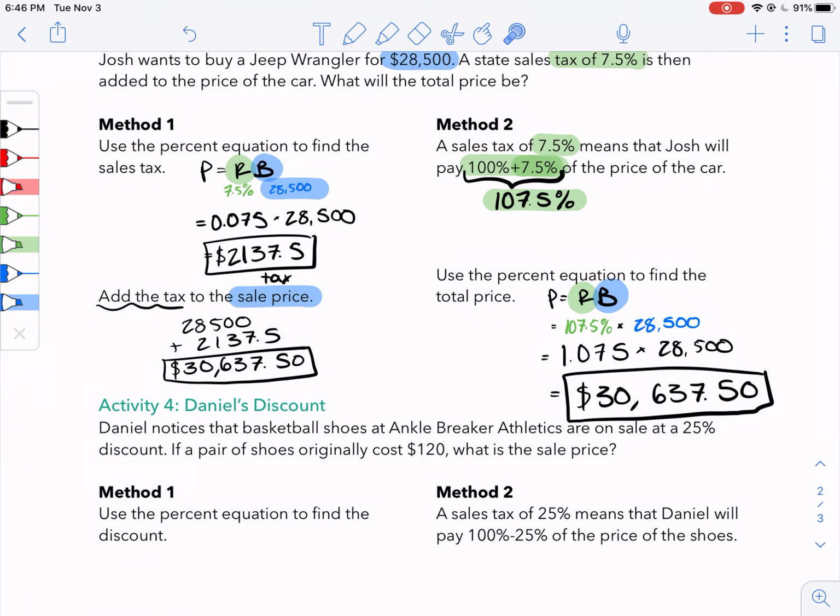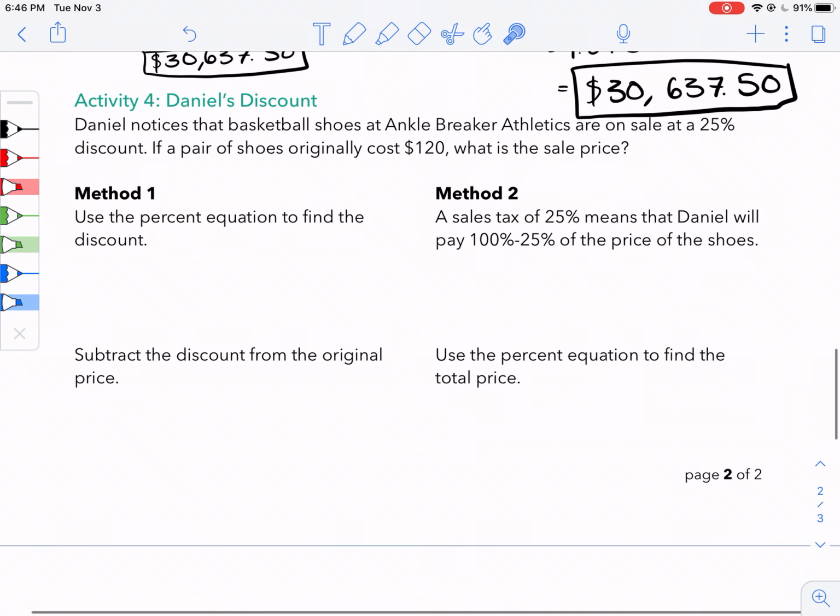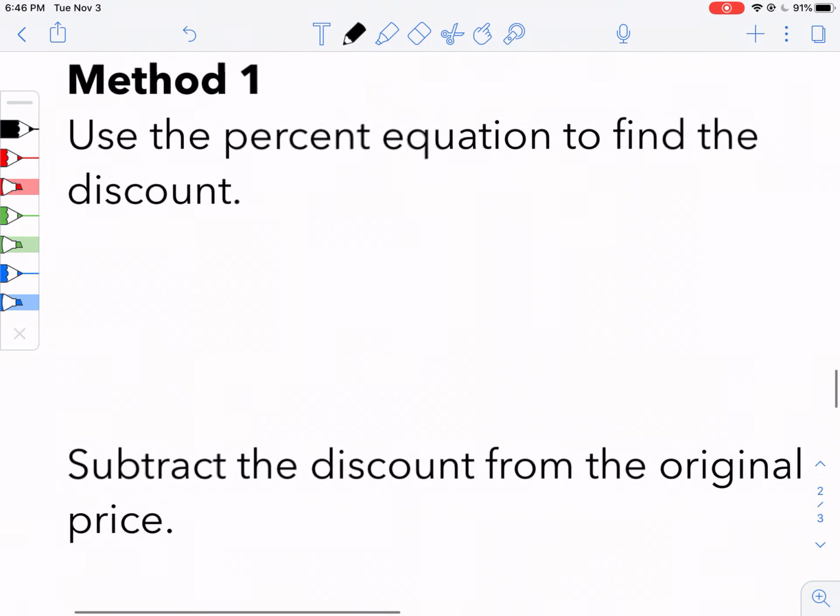So that's an example with an increase. Let's do one example with a decrease and call it a day. Here we've got our friend Daniel, who wants to go buy some basketball shoes at Ankle Breaker Athletics. They're on sale, yay, this is a decrease, for 25% off. If a pair of shoes originally cost $120, what is the sale price? Well, let's use the percent equation.